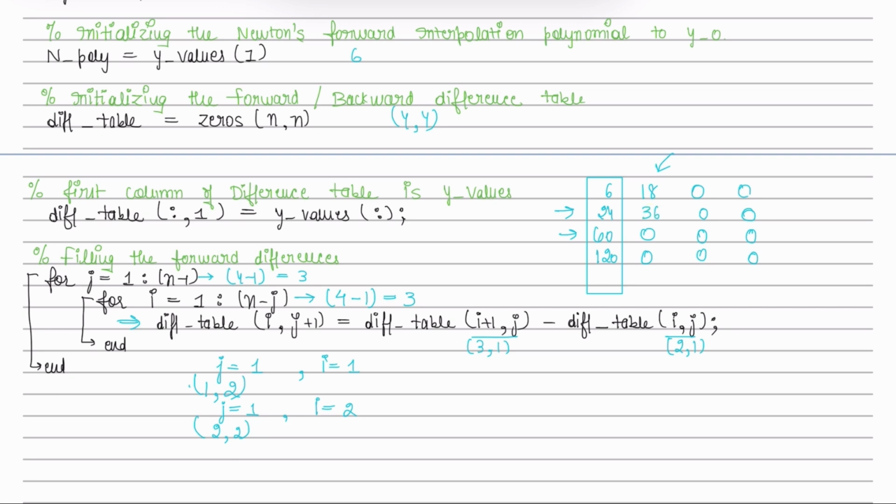After that, j remains the same and i will be 3.